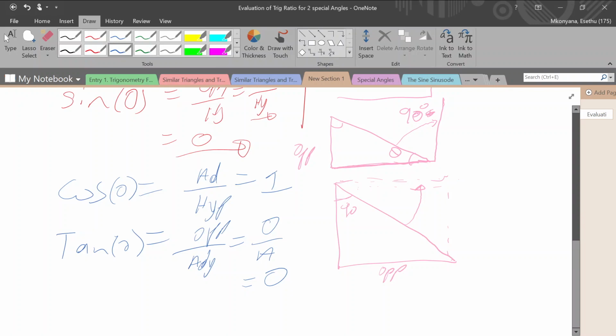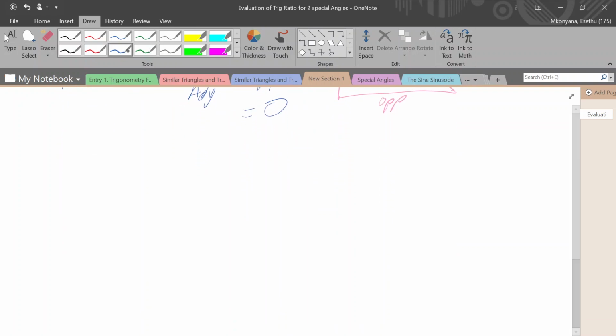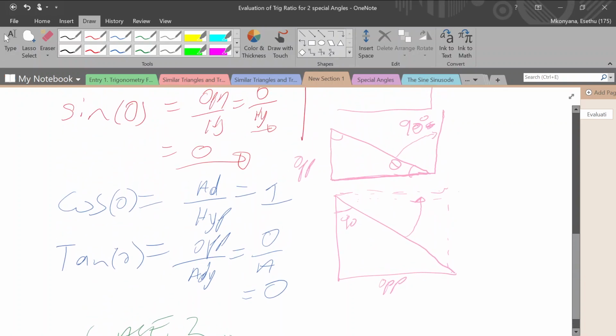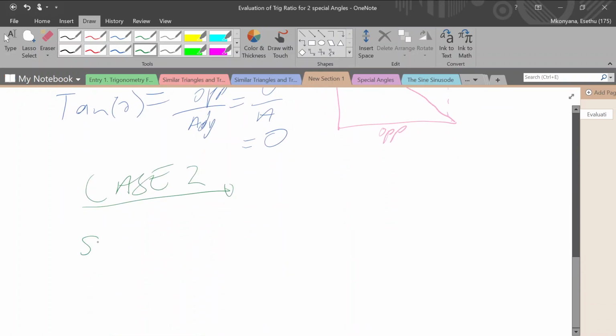And we can go also to the case of 90, case 2, where we have sine of 90. In case 2, theta is equal to 90, and in that case the adjacent is equal to 0, and the opposite side becomes equal to the hypotenuse, because they are two lines lying on top of one another.